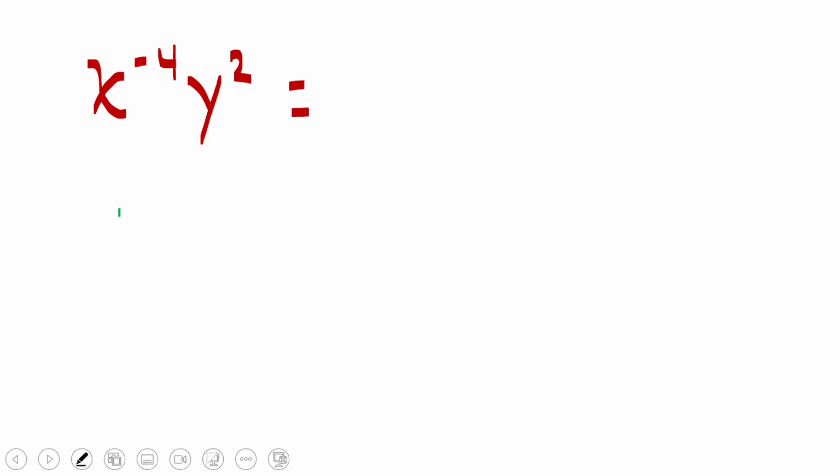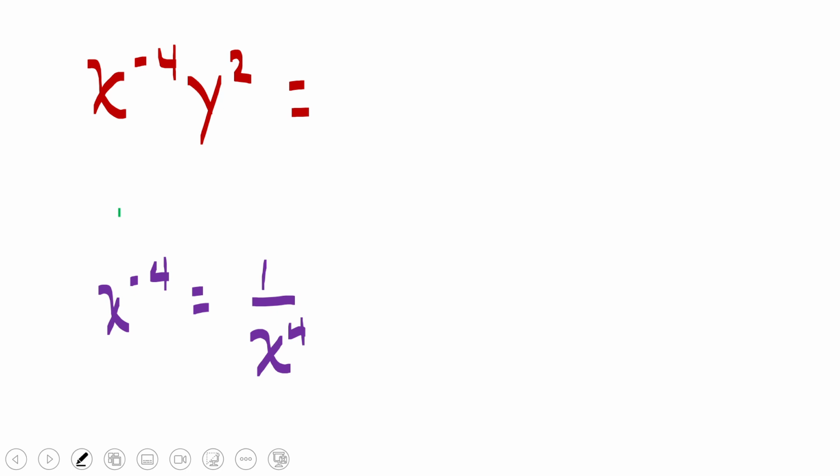If we put the x with the negative 4 exponent in the denominator, then down here we're going to say that would be like 1 over x to the positive 4th power. It's in the numerator originally.